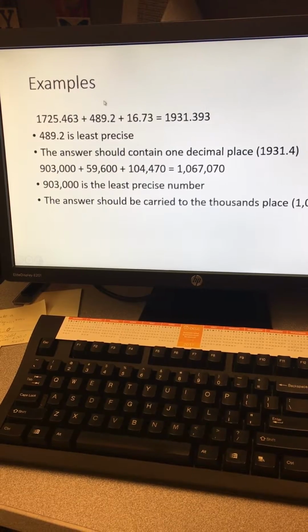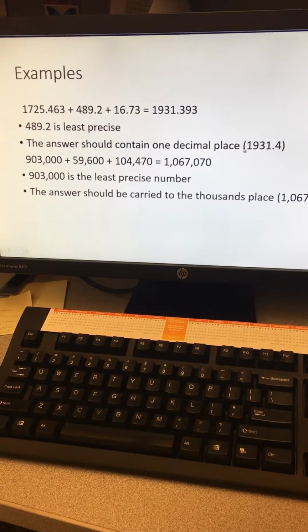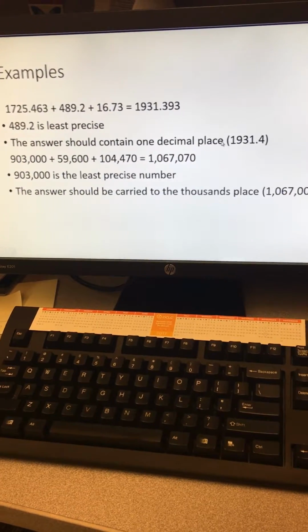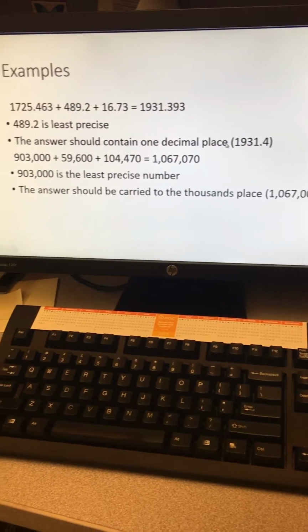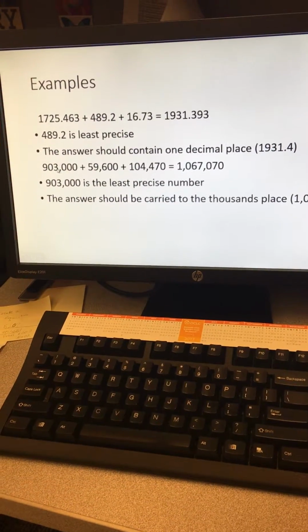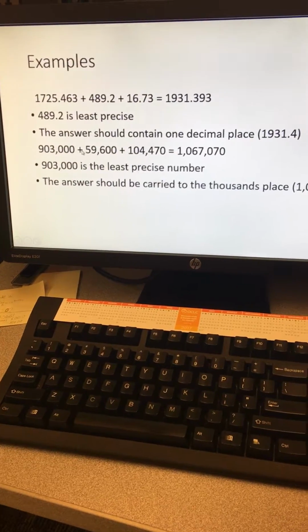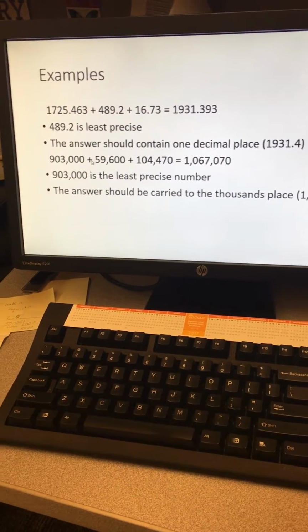So we use the least precise, and the answer should contain only 1 decimal place. So we round that off to 1,931.4.